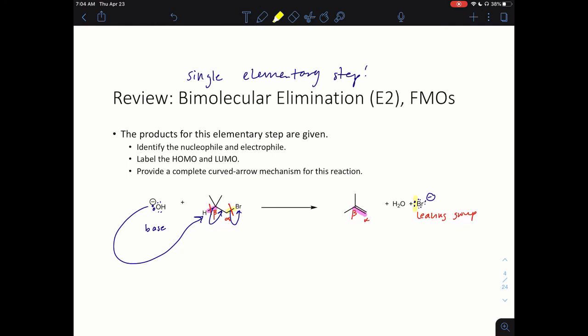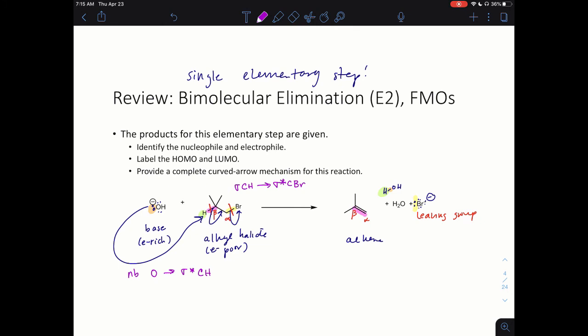All right, a nucleophile and electrophile, well, that's a little bit tough with an E2 elimination, but we do have the base, and it's our electron-rich species. The alkyl halide is our electron-poor species. And then we have our alkene. Now, this reaction does occur in a single elementary step, but there are two important orbital interactions that we can consider.